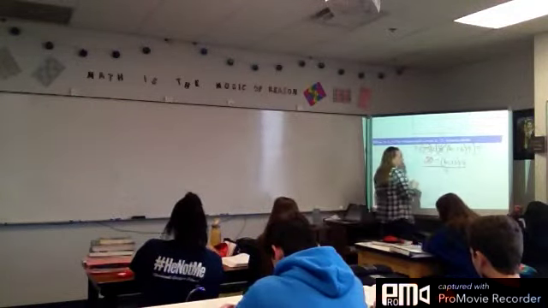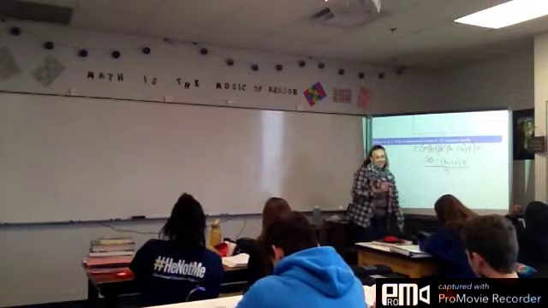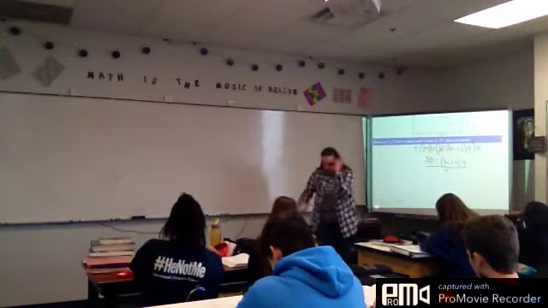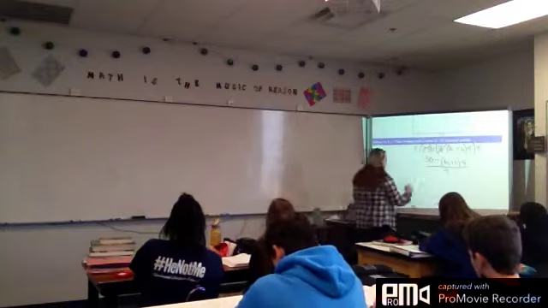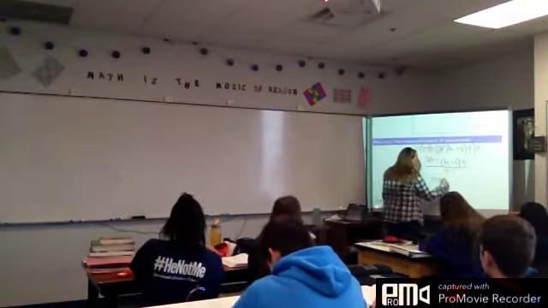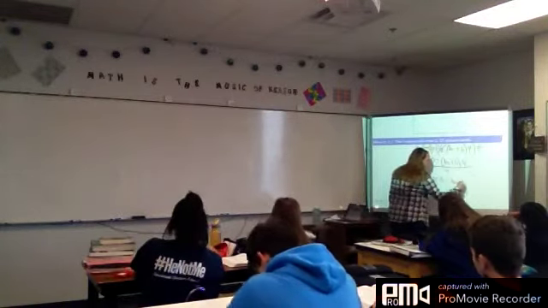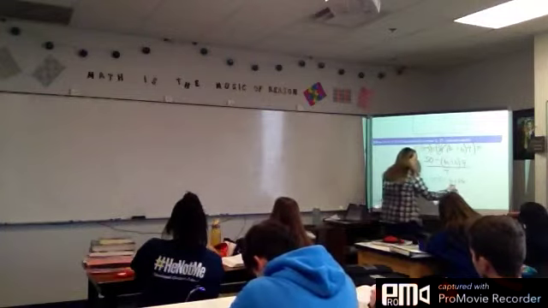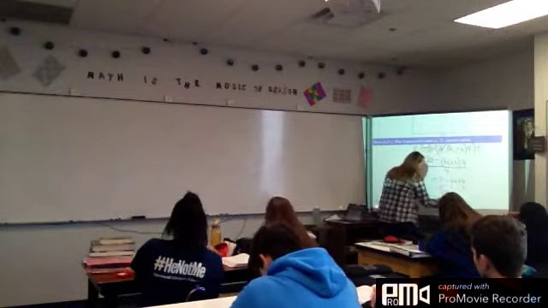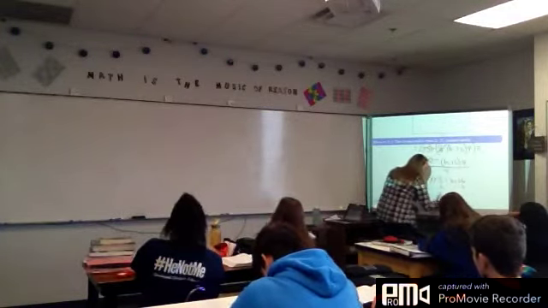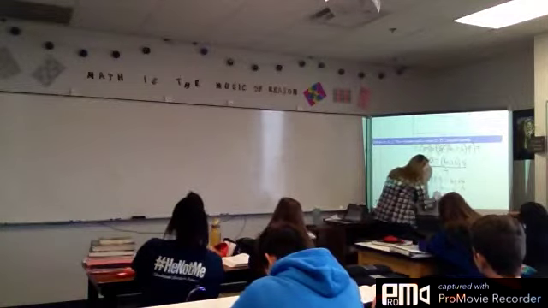Is it 12.5? Okay, so you get 12.5 equals B1 plus 6. Now what? Subtract 6 and what do you get? 6.5? Good, 6.5 units.